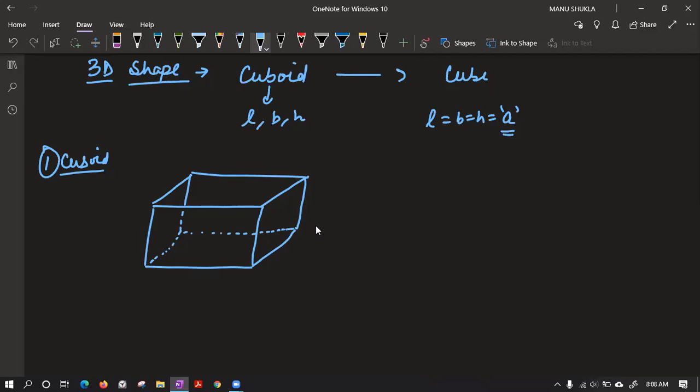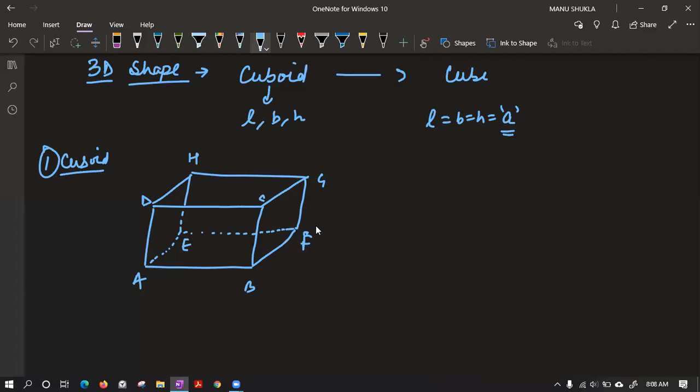Just for your understanding, when we are doing questions, we will not draw these dots, we will draw solid lines only. But just to understand, we are doing this. E, F, G, H.